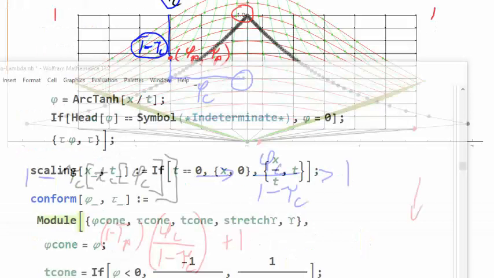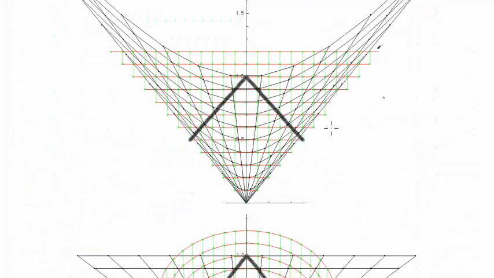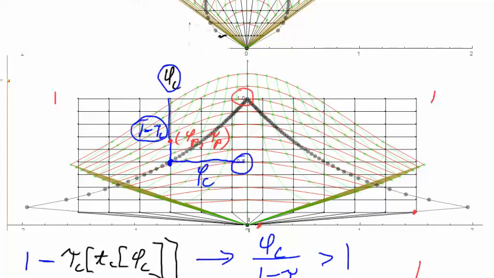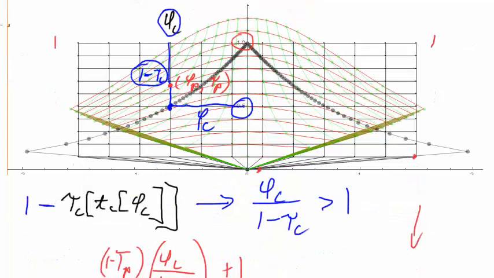Now, can I use this function now? I know that I can't because all of the points below here are going to go to infinity. This is actually the only point that is going to go to infinity, but I need to figure out what to do with those points so that they don't cause a ruckus. Out of sight, out of mind.